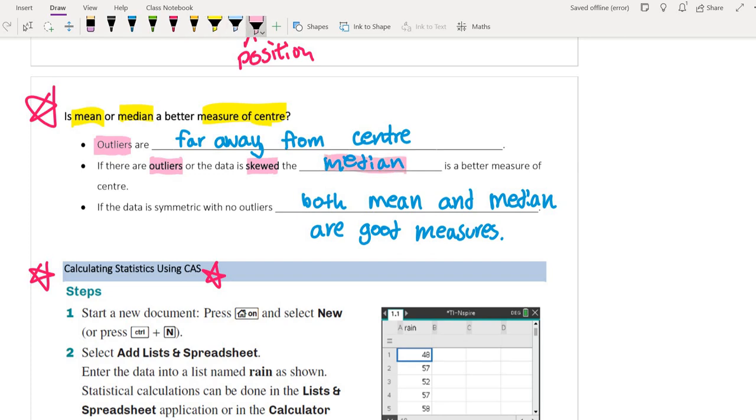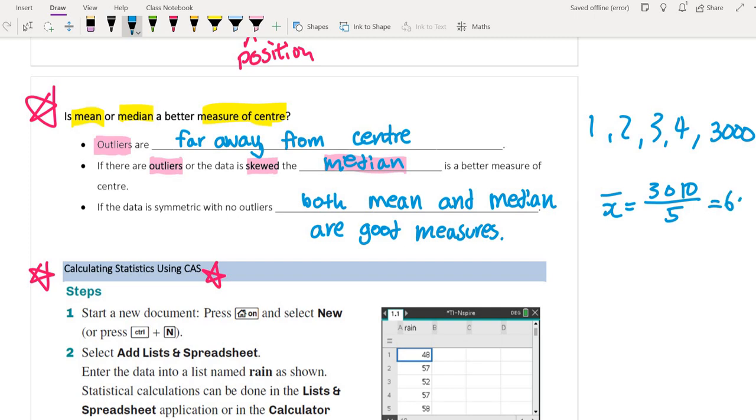And that is because, imagine if there was a bunch of data like 1, 2, 3, 4, and then we have an outlier at 3000, and we use mean, meaning we use average, then we add these up and we get 3010 divided by 5.